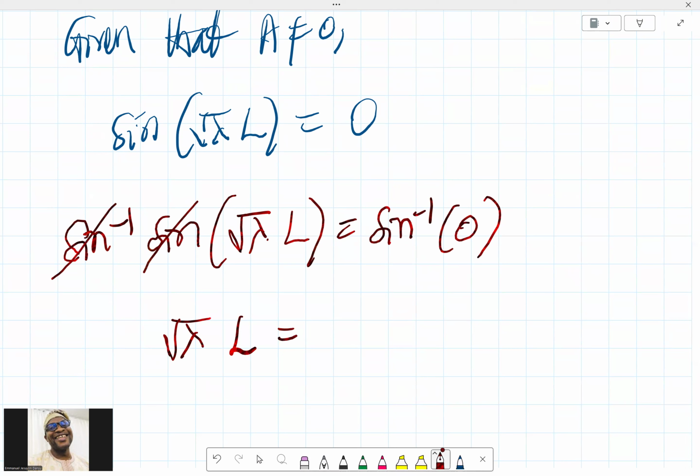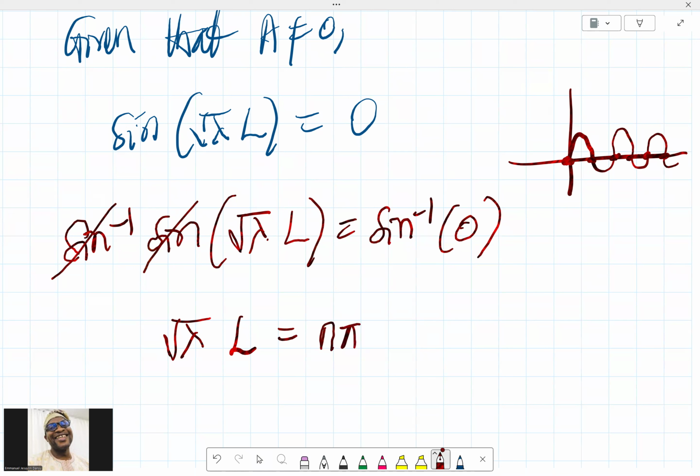Now the question is at what values, because sine is definitely a periodic function. So after every particular value, you come back to 0. If you draw the sine curve, it starts from the origin, and goes up and comes back. So at all these points, the origin is 0, this is 0, this is 0. A general representation for those points will simply be what we know as n pi.